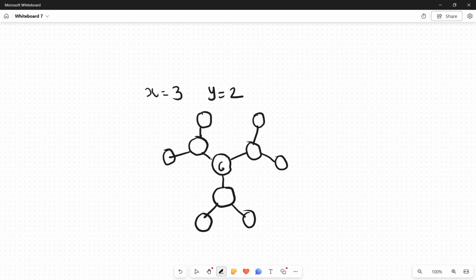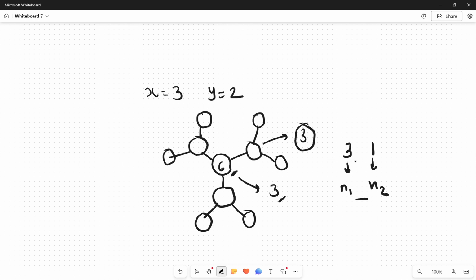Here the degree of this central node is also 3, and the degree of these internal nodes is also 3. So the frequencies of degrees will give something like 3 is present some n1 number of times and 1 is present some n2 number of times. Then how do we determine what is x and what is y?